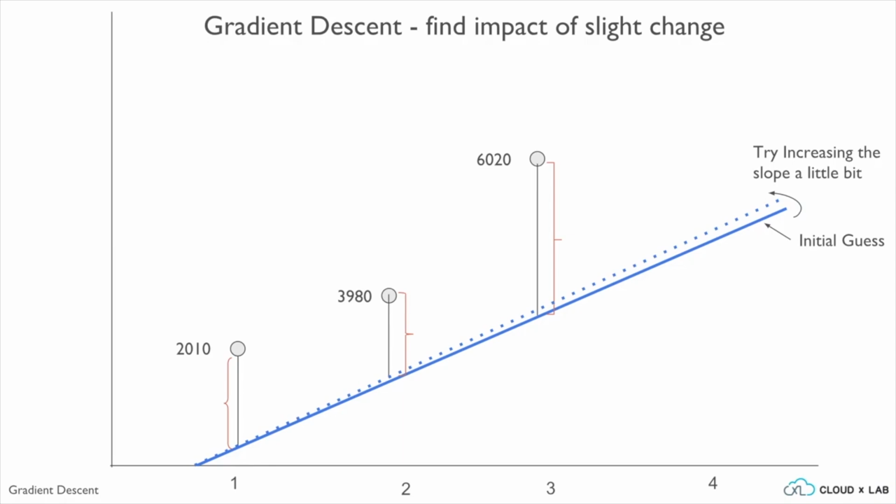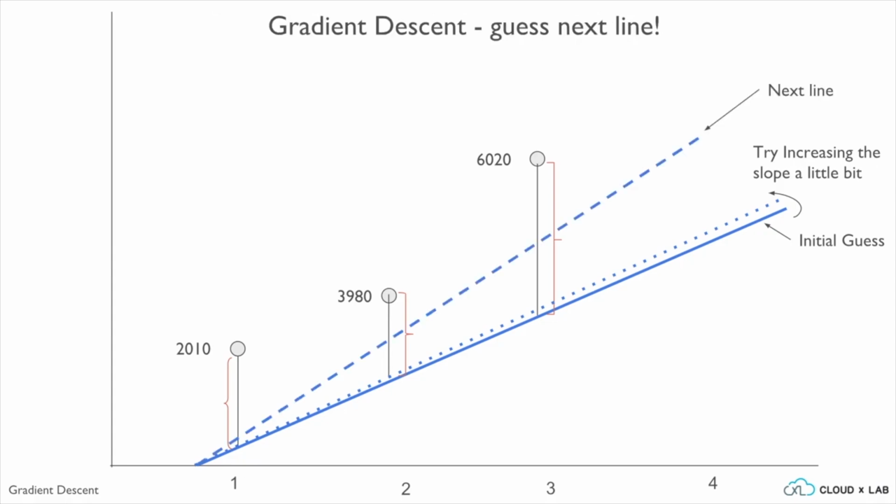And then we try increasing the slope a little bit and observe the change in error due to the change in the slope. Here we have three instances 2010, 3980, and 6020. To compute the change in the error, we will have to check with all the instances. If the error is decreasing, we continue to increase the slope at a faster pace.